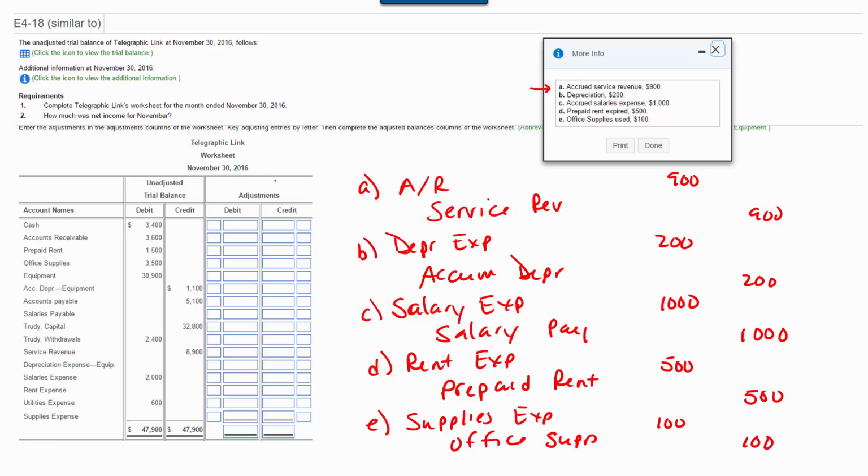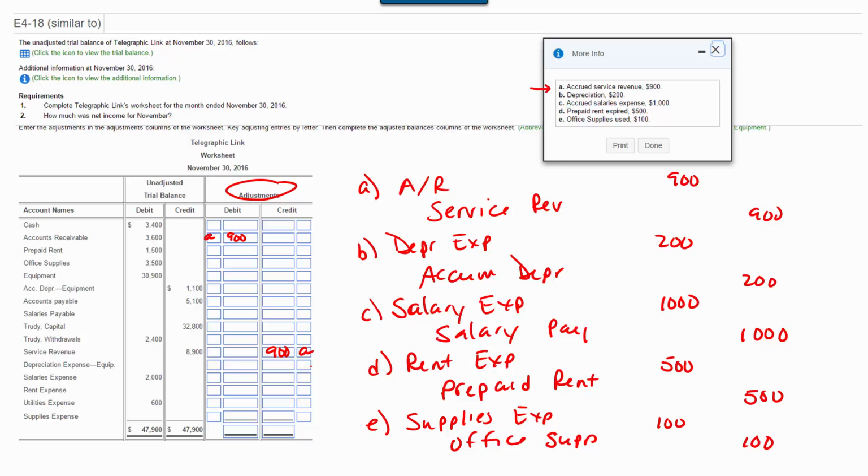Now, when I go over to this section of the worksheet, I just transfer each of these over. So transaction A, I debited accounts receivable for $900, so I'm going to put $900 here, and I put an A so I know what transaction that was, and I credited service revenue, which is here, $900, and I put an A. So for transaction A, I have one debit and one credit.